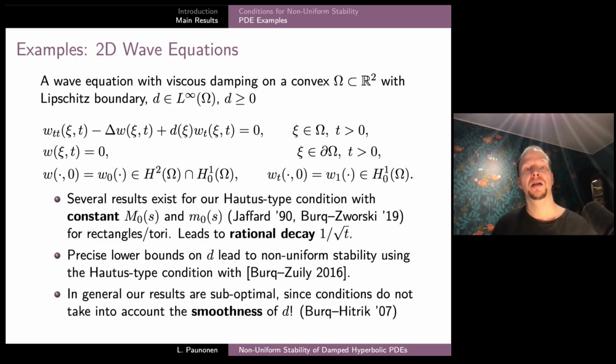But on the other hand, in many cases, such smoothness conditions are invisible to the observability conditions that we've considered in our research. And because of this, there's a certain inherent suboptimality when it comes to applying our results to the two-dimensional wave equation.